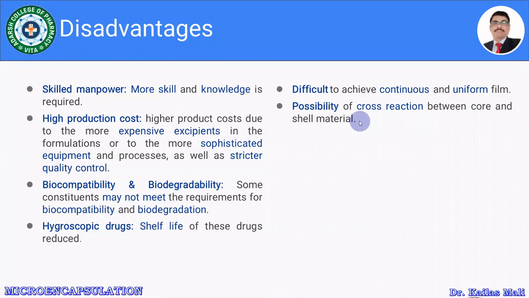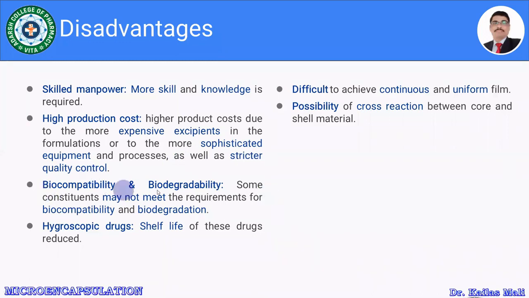So the disadvantages of microencapsulation are: skilled manpower, as more skill and knowledge is required to get the microencapsulated product. High production cost, due to more expensive excipients in the formulation, more sophisticated equipment and processes, as well as stricter quality control.